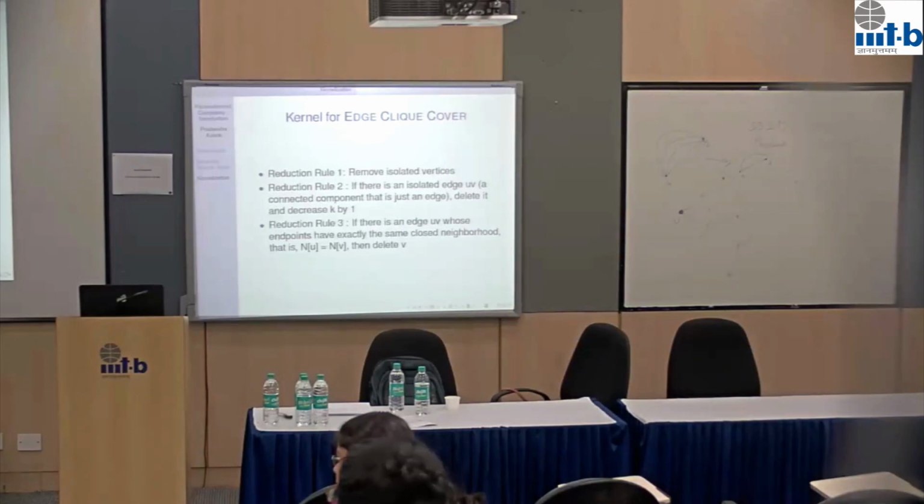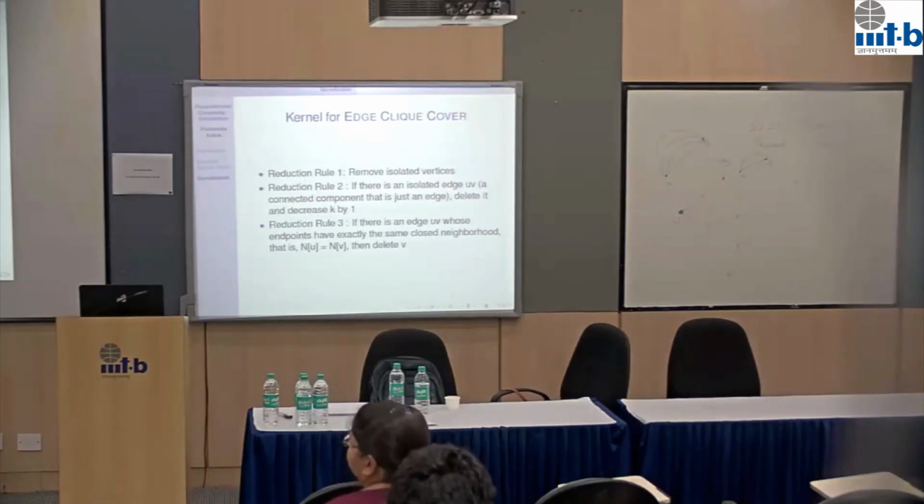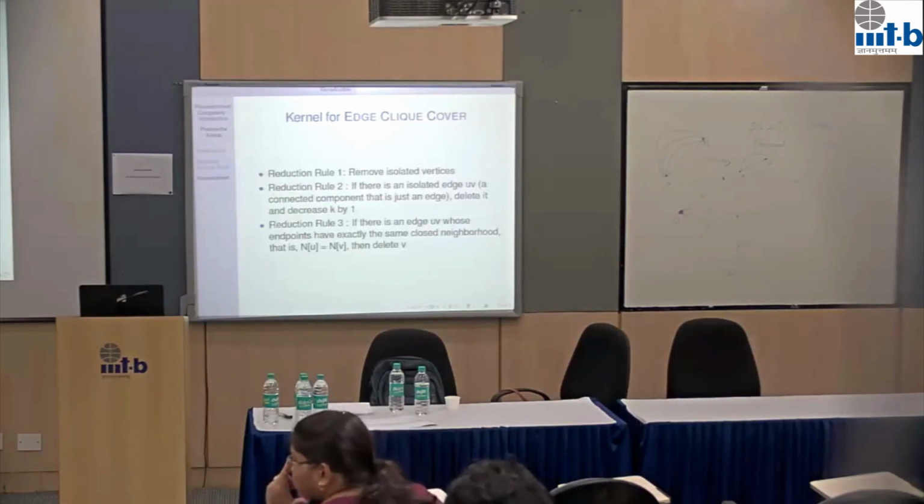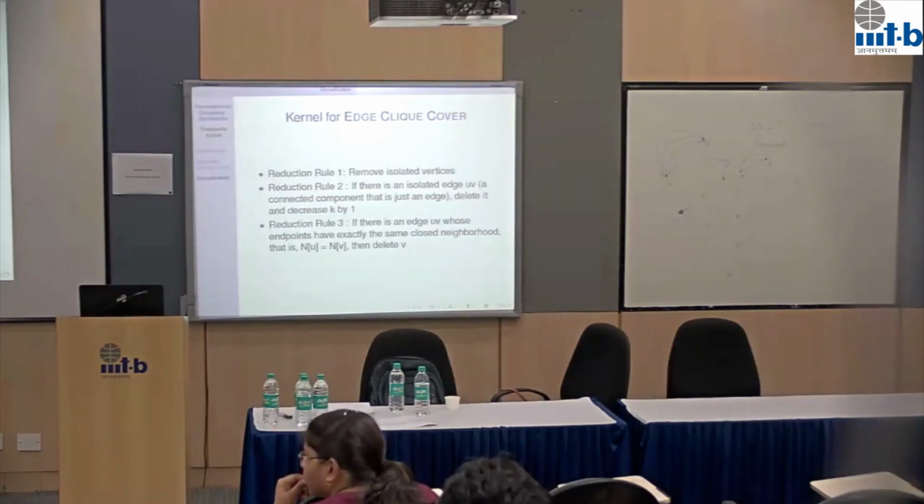No. It should be an if and only if, right? If N of u is a subset of N of v and you delete u, I don't think it is. It's only one direction, right?